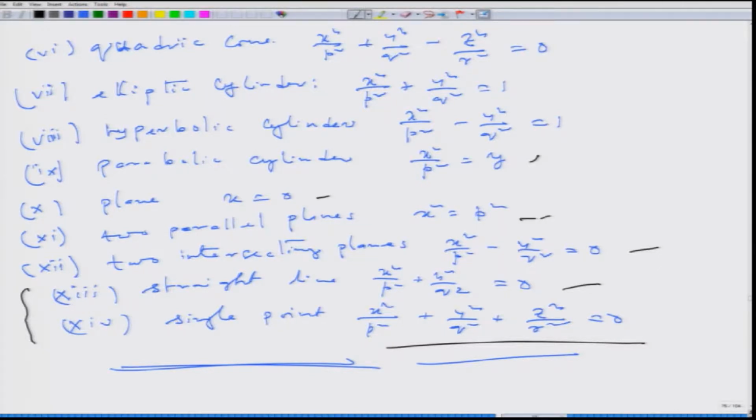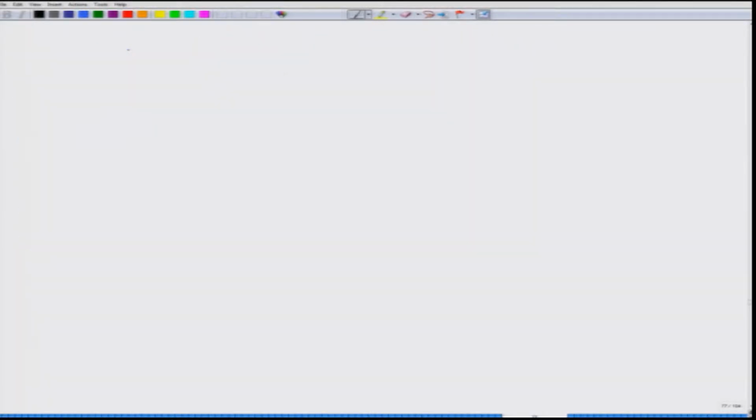So, how does one prove this? As I said, this all depends on this. Since I have a symmetric matrix A, let me write down A again: A1, A2, A3 on the diagonal, A4 here and here, A5 here and here, A6 here and here.